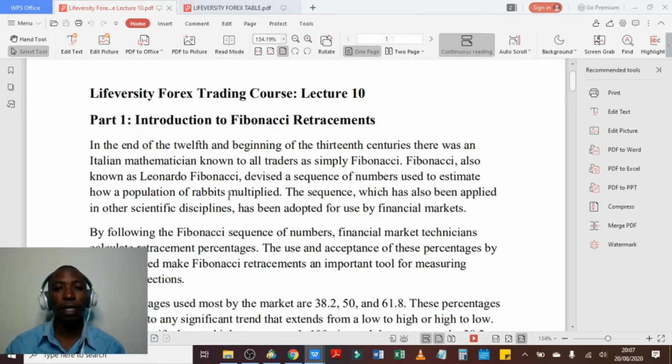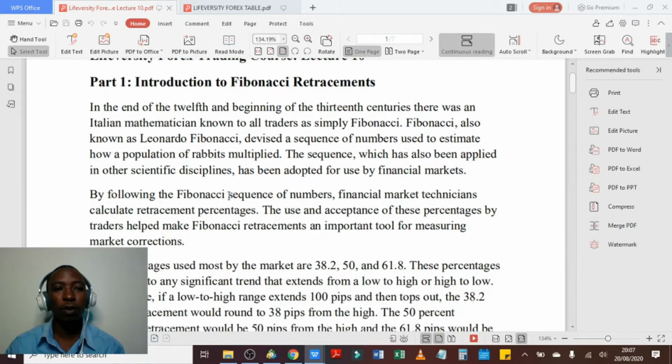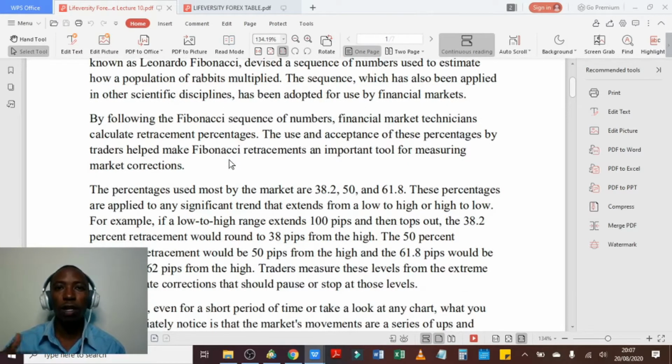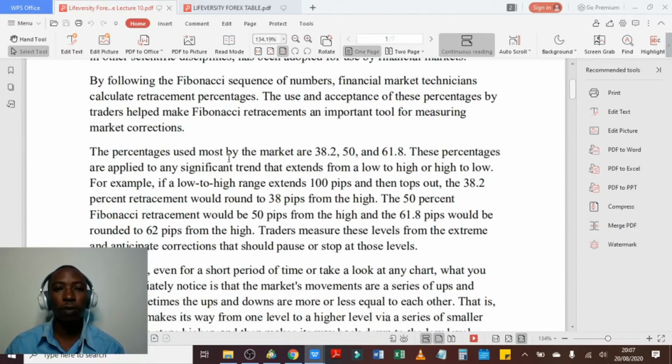Fibonacci was discovered by Leonardo Fibonacci, a mathematician in the 13th century. You can get all the history of Fibonacci in the document, so ensure you open it and read for yourself.